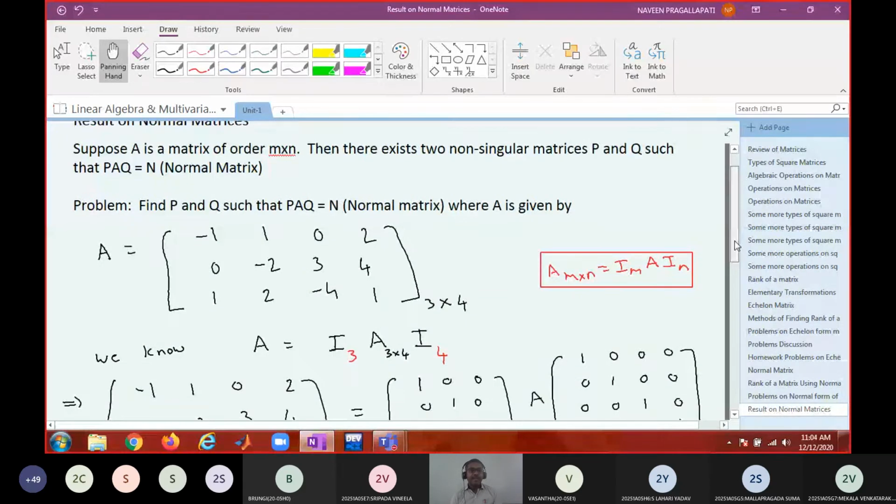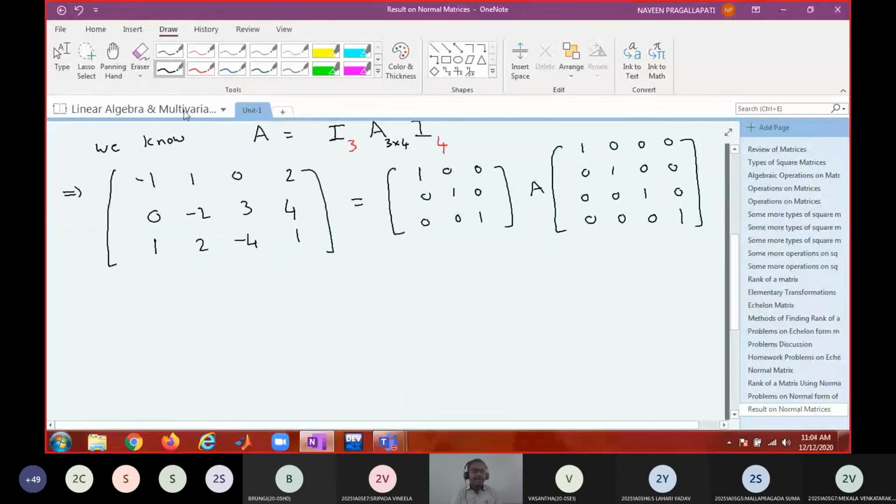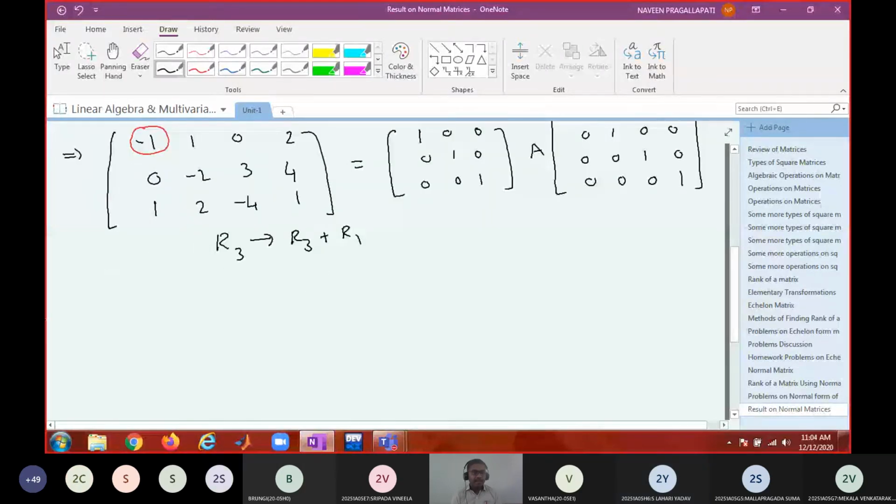Now can you tell me these operations one by one? What is our pivot in the first row? -1. What row operation do I have to apply? R3 gets R3 plus R1. What is the symbol I have to write here? Implies, because equality is already there, so I should write a connection between the equations, and the connection between equations is implication.